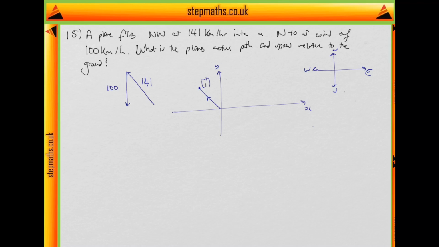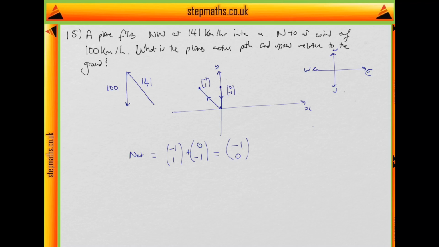Similarly we have the wind, which is going exactly from north to south. So for every 1 it goes down in the y direction, it goes 0 in the x direction. So that has direction 0, -1. And then we simply add them. So the net vector is equal to -1, 1 plus 0, -1, which is -1, 0.